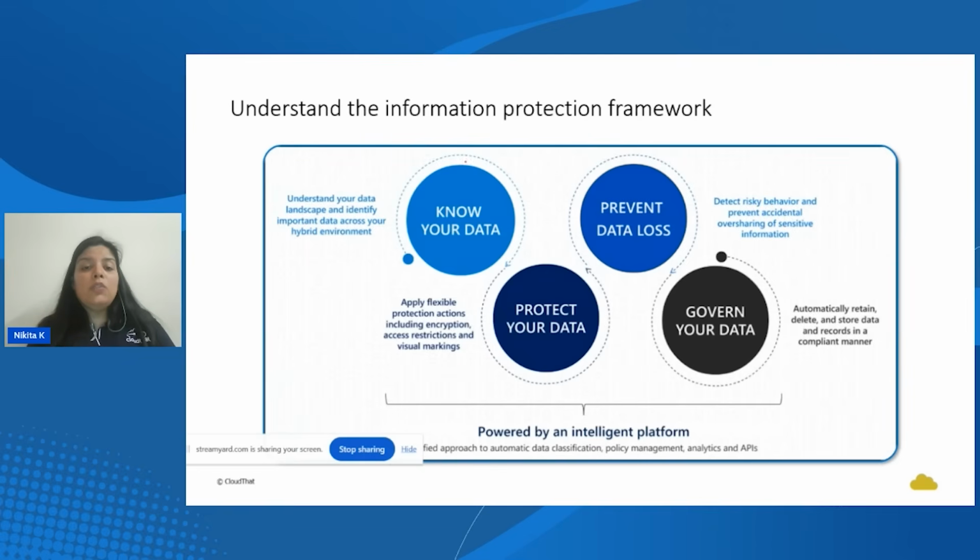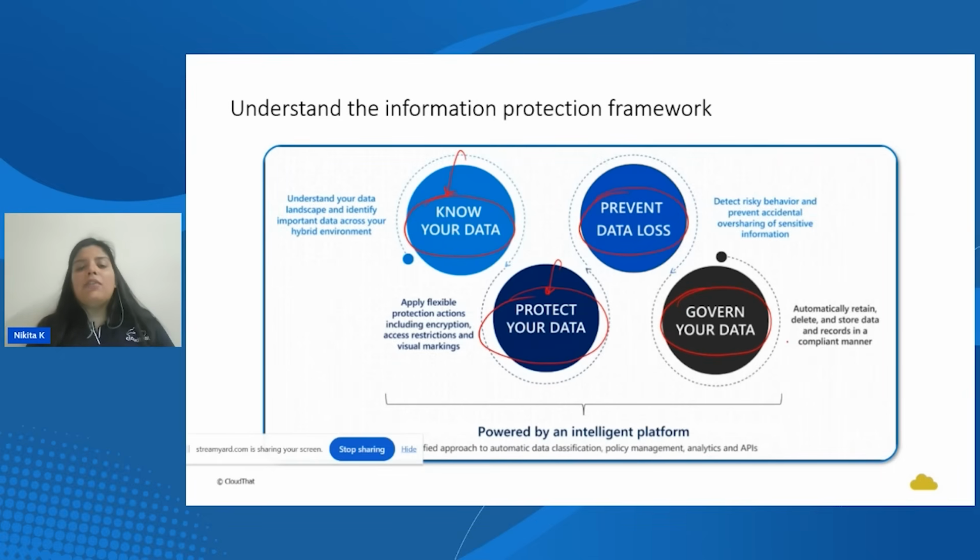So first you will be required to know your data, that is, which data will be protected. After knowing your data, only then will you be able to protect that data. Then you can apply prevention on that respective data, and you can govern its life cycle also.